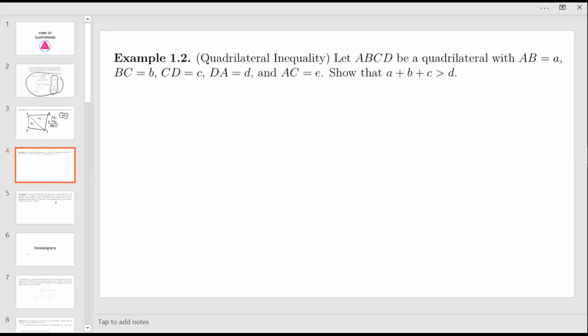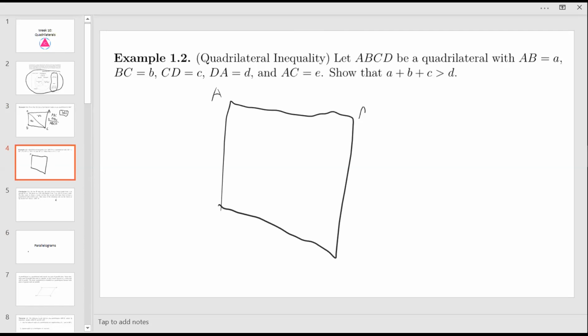So in this example, we will also show an inequality that can be useful regarding quadrilaterals. So basically, if a quadrilateral has side lengths A, B, C, and D, then we have that A plus B plus C is greater than D. So let's just draw on the diagonal.